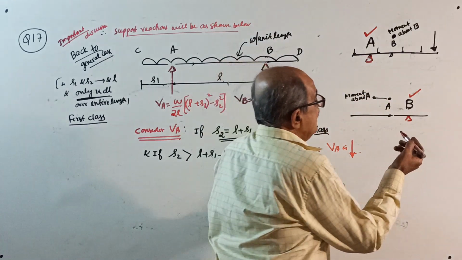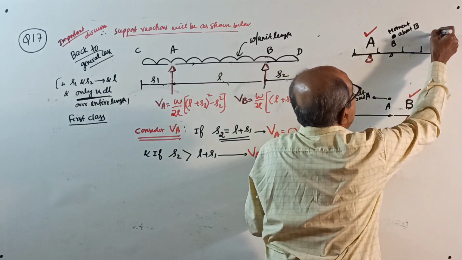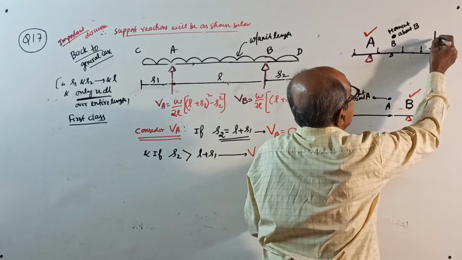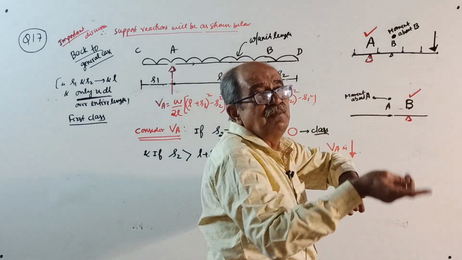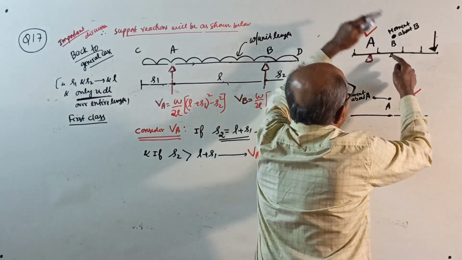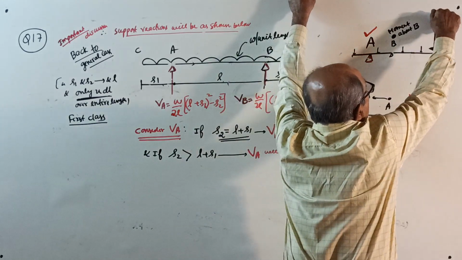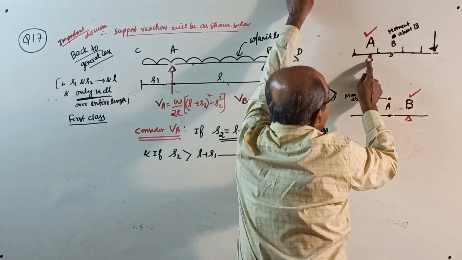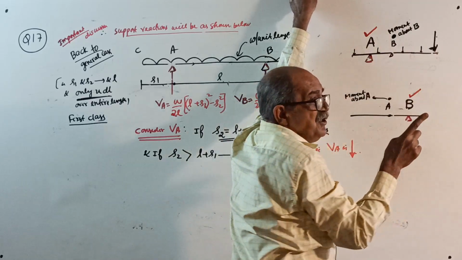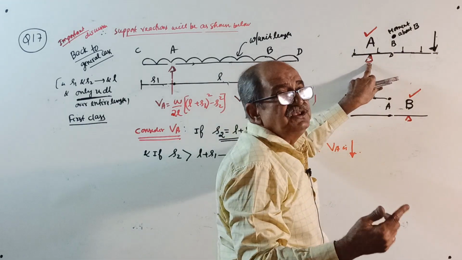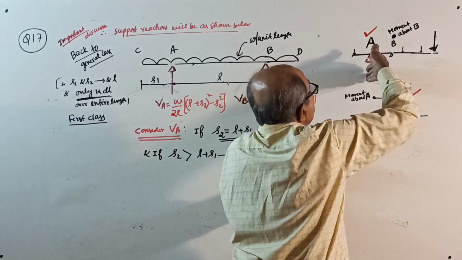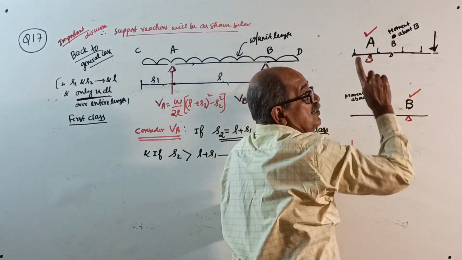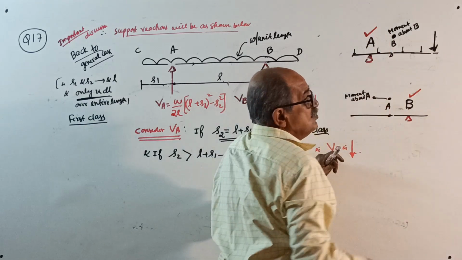If a heavyweight person sits here, what happens? Sir, it will topple about which point? It will topple about B. So if a very heavy load is applied here, this A, at one particular value, is on the verge of lifting. If you apply further load, suddenly this A will get lifted up. So if you want to prevent it, you need a downward reaction.